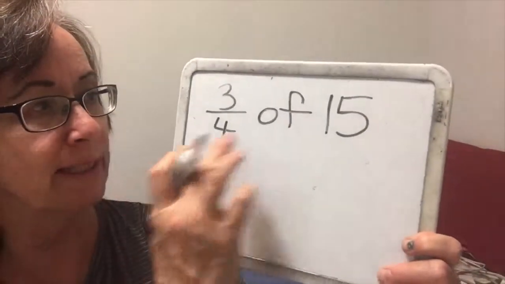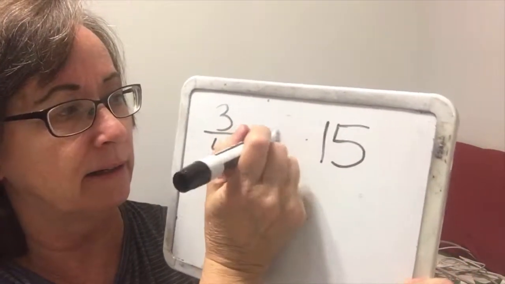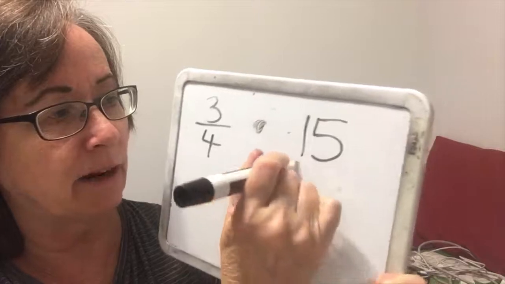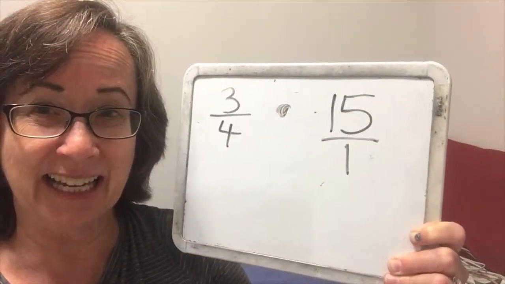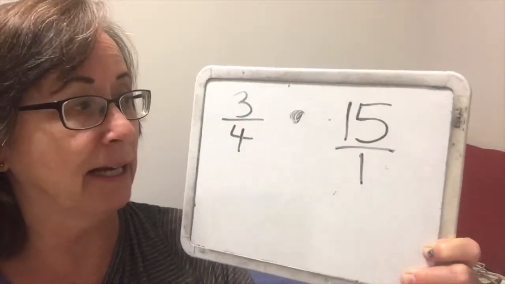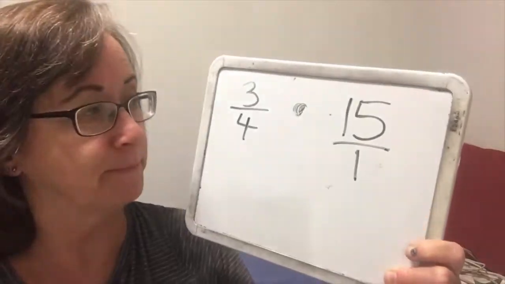Okay, so we're going to take the "of" and turn it into a times sign. We're going to take our 15 and put it over 1. This one does not have any cancellation that's going to help us out because 4 does not go into 15 and 4 does not go into 3 evenly.